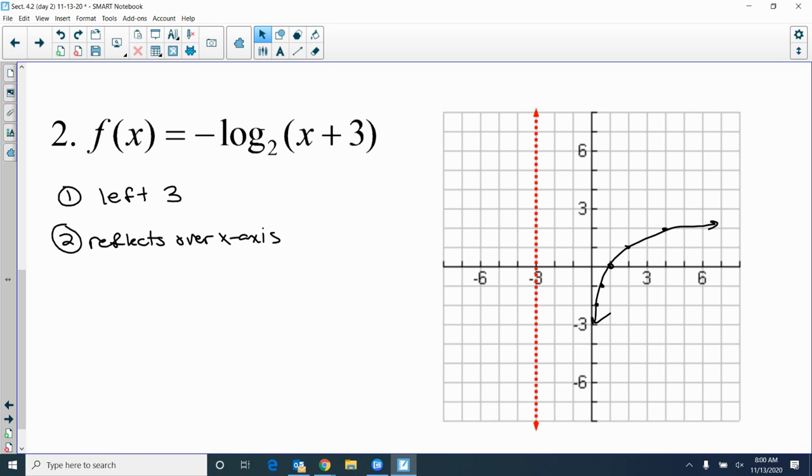I'm just going to pause here for a second. If you're caught up, think about where those points would be, or I'll wait until you get caught up. It goes left 3, reflect over the x-axis.